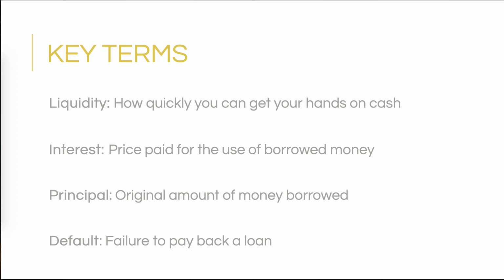Something with less liquidity is going to be harder to turn into cash. If we think about our debit cards, you can use your debit card to purchase a cookie at the Minute Man Cafe and you can easily switch that debit card money into cash.